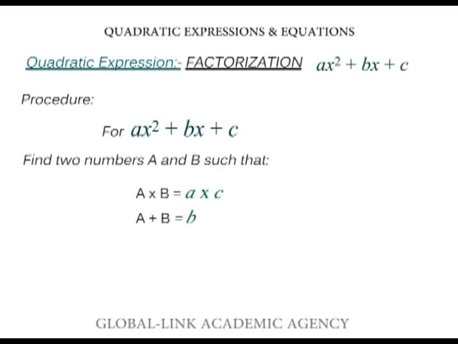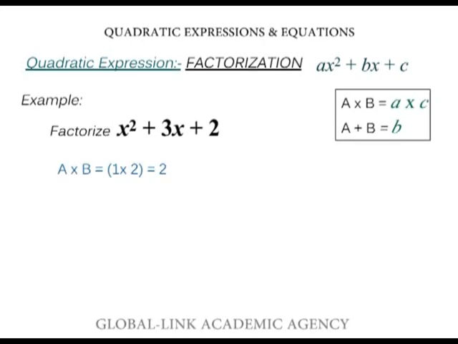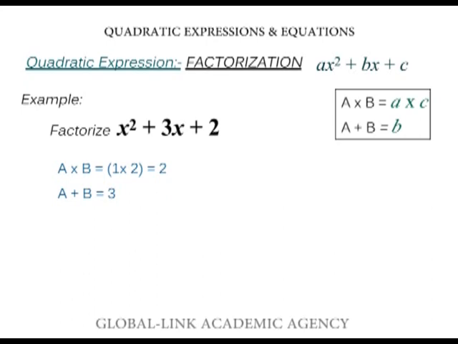For example, x squared + 3x + 2. Find a and b such that a times b is equal to 1 times 2, a + b is equal to 3, and those numbers are 1 and 2.